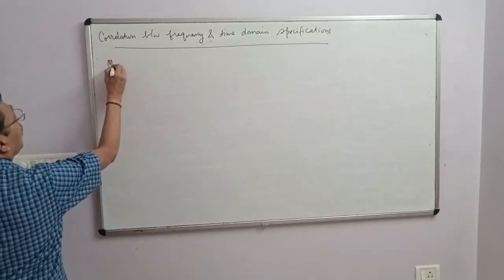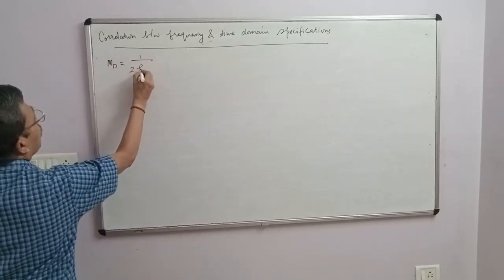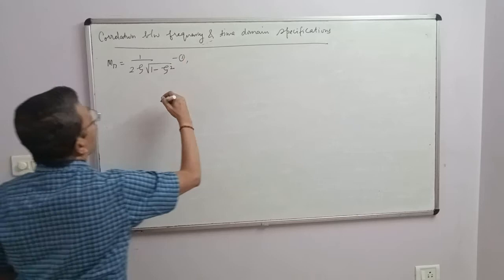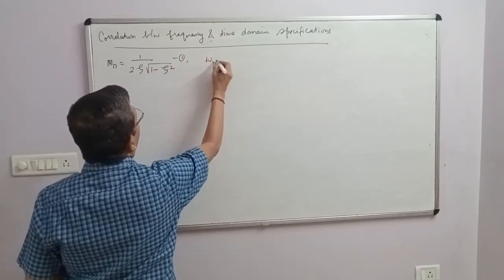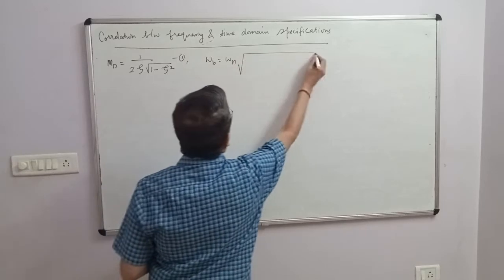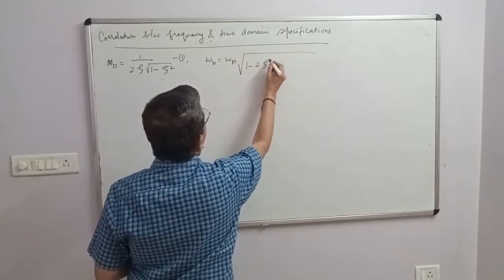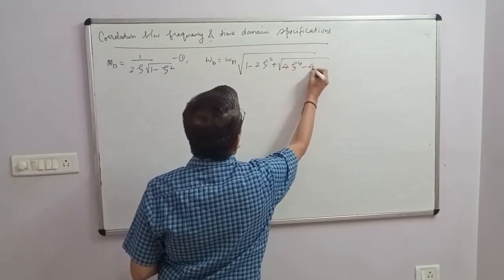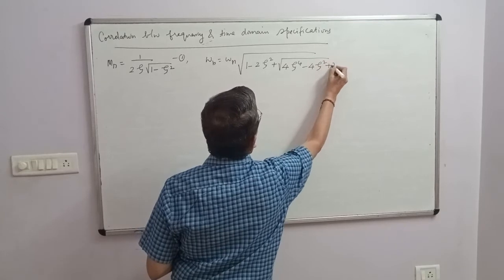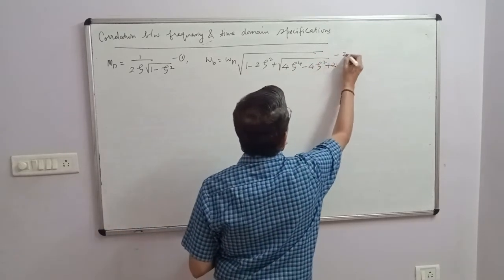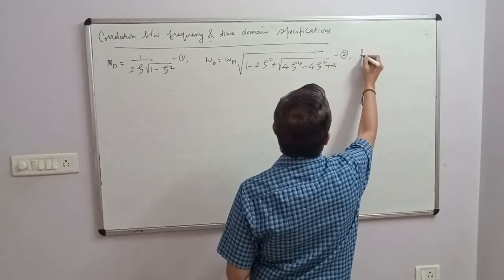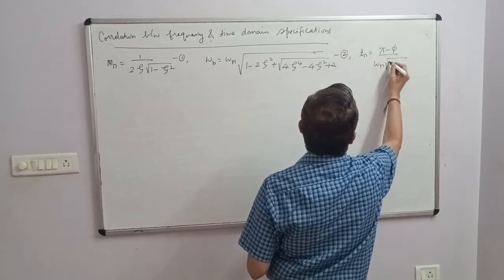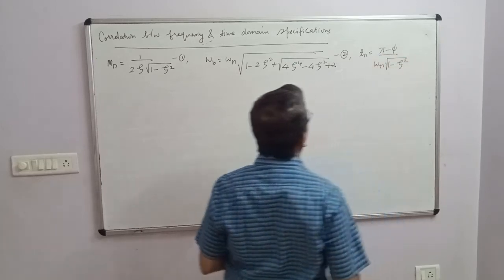What is the formula for Mr? Mr is equal to 1 over 2 zeta square root of 1 minus zeta square. I'll call this equation 1. What is the formula for bandwidth omega b? Omega n into square root of 1 minus 2 zeta square plus square root of 4 zeta to the power 4 minus 4 zeta square plus 2. This is equation 2. What is the formula for rise time? The formula for rise time is pi minus phi divided by omega n into square root of 1 minus zeta square.